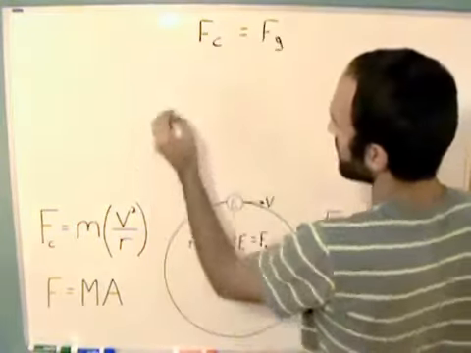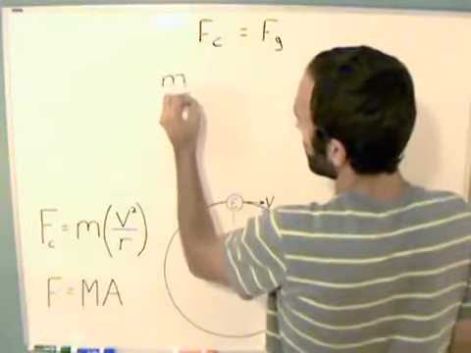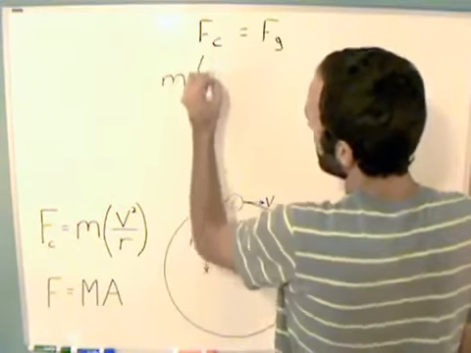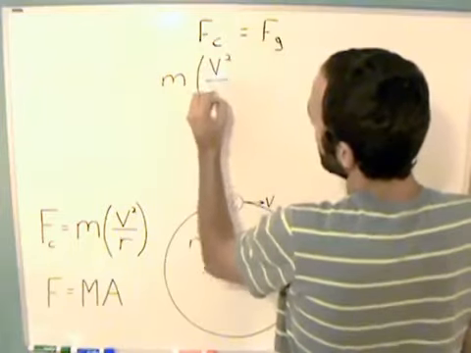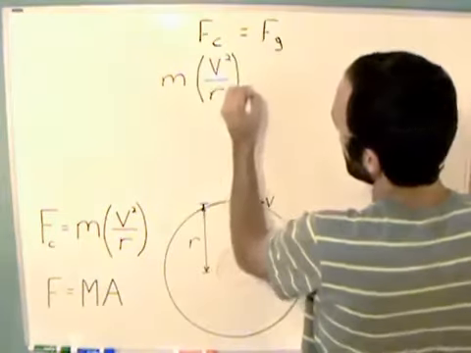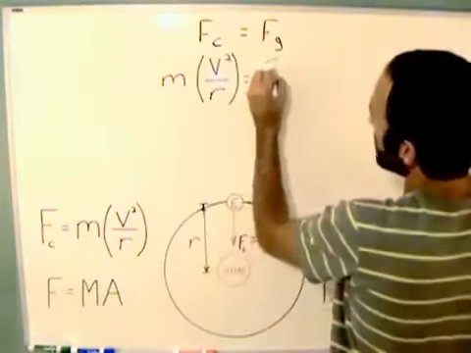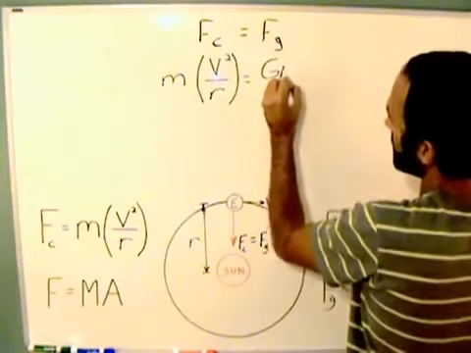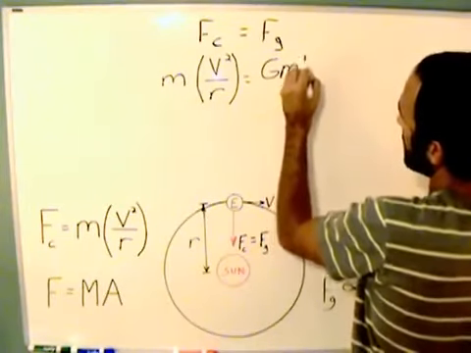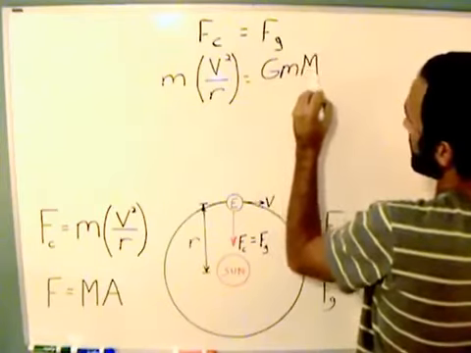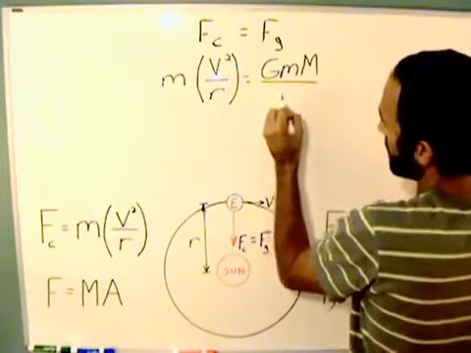Okay? But this is really m times v squared over r is equal to big G, the gravitational constant, times the little m, which is the mass of Earth, times big M, which we're going to say is the mass of the Sun in this case, over r squared.